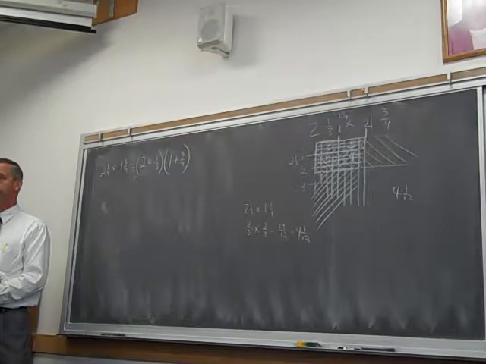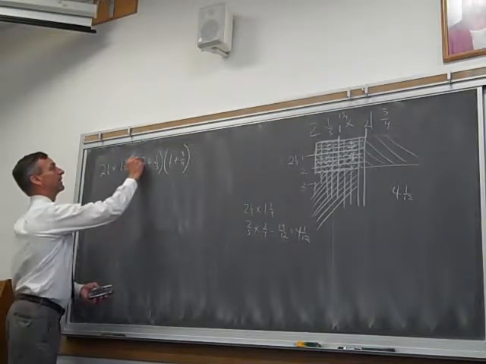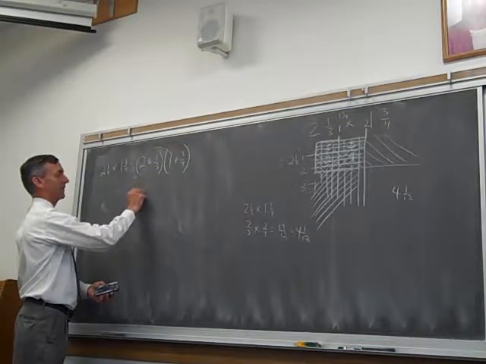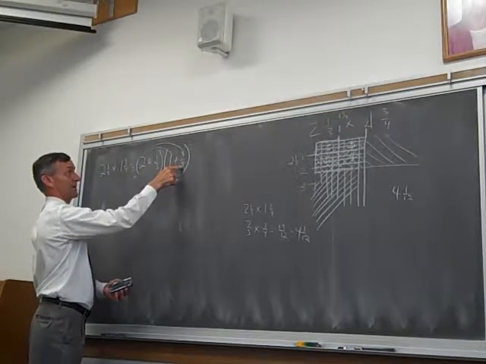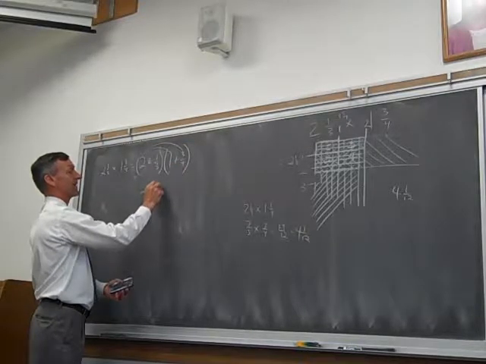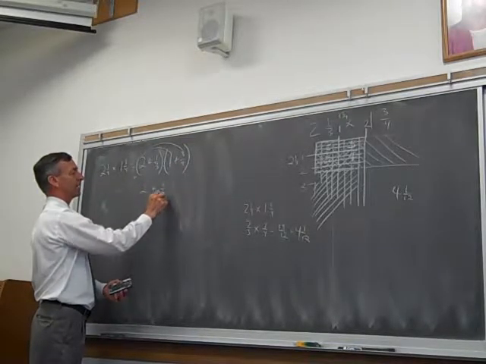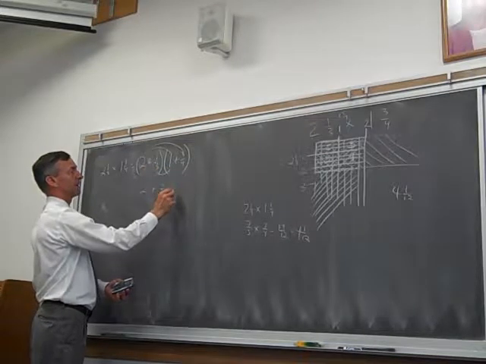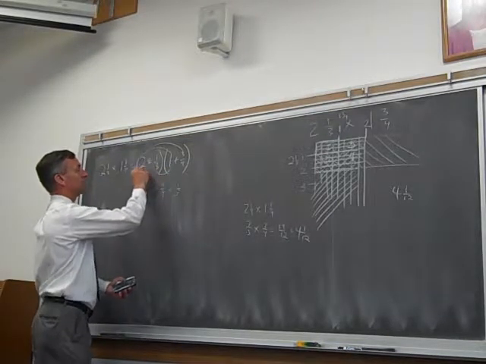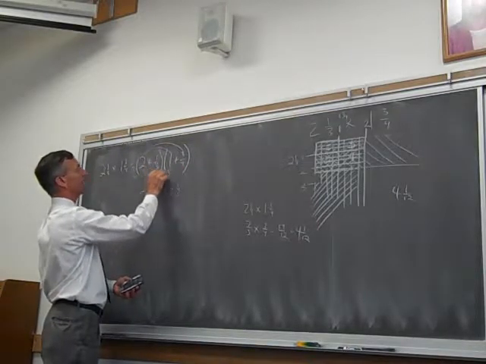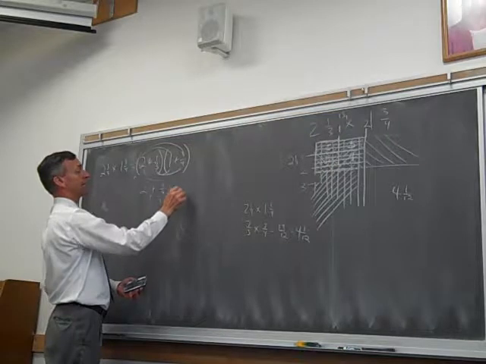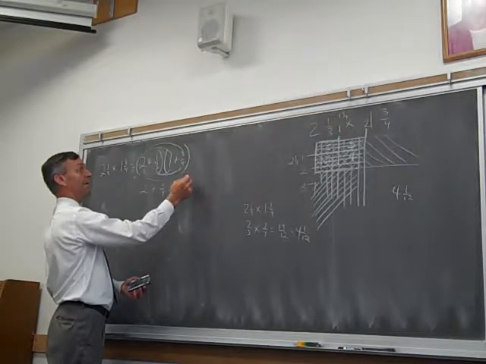And now what I'm going to do is the distributive property, or what your teacher probably called FOIL. 2 times 1 is 2, plus 2 times 3/4 is 6/4, right? Plus 1/3 plus, oops, we've done that one. First, let's see, we need this one. That's going to be 3/12.